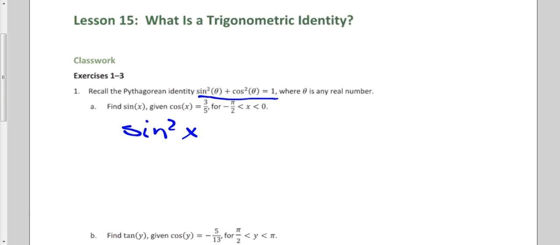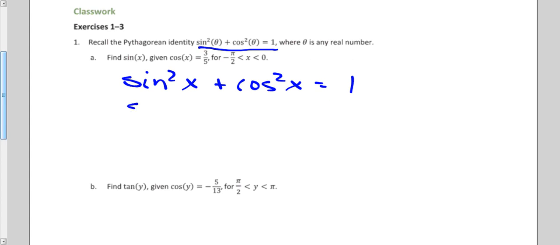Sine squared x plus cosine squared x equals 1, right? And what do I know? I know cosine is 3/5. So now I get sine squared x plus 3/5 squared equals 1.